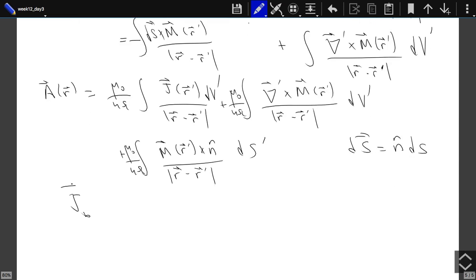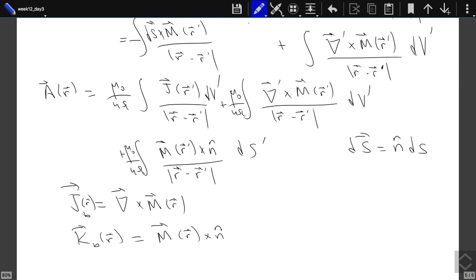So J bound at the point R is the curl of M at the point R. And then we have this surface current density at the surface, this bound surface current density, which is M of R cross n.